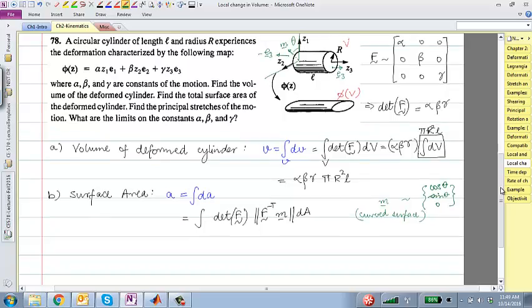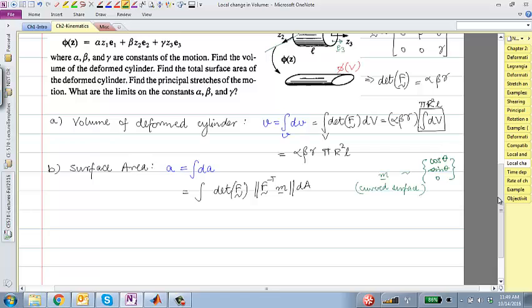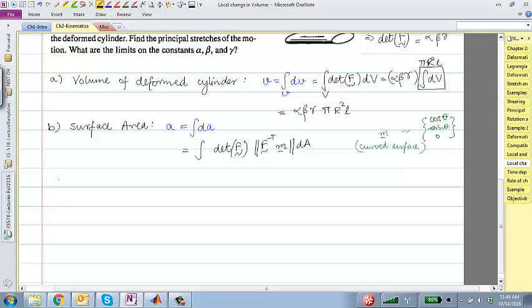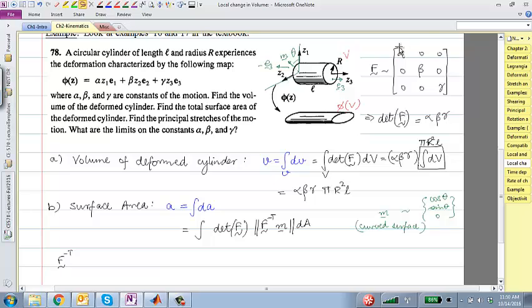So let's calculate the surface area, deformed surface area for the end faces first. Tell me what is F inverse transpose. How do I find F inverse transpose now that I know that F is this? Okay, let's do first F inverse. What is F inverse if F is given by this? Yeah. So for a matrix that has only diagonal entries, the inverse is as simple as just inverting each one of those.